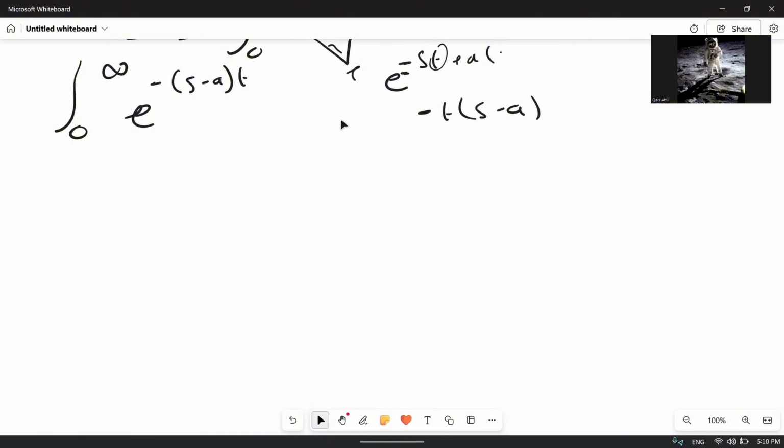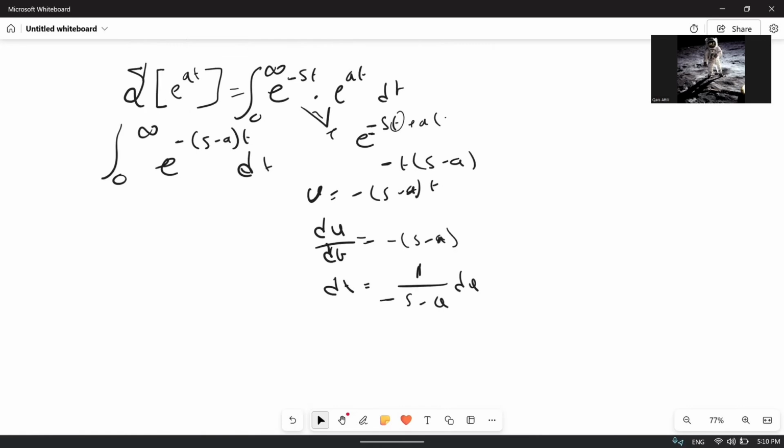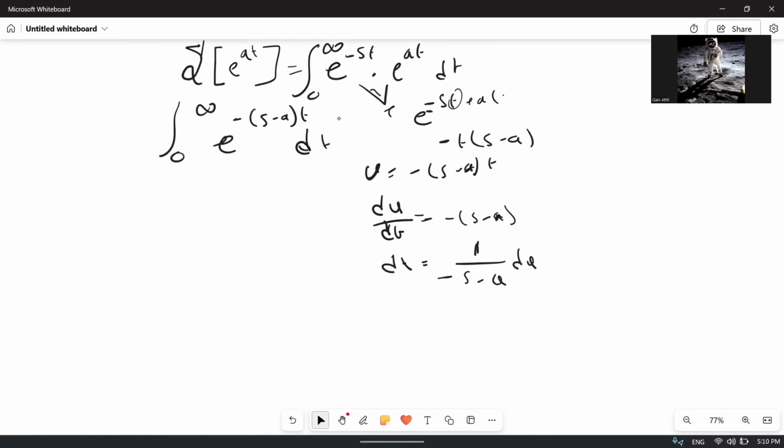So next we're solving for u equals minus (s minus a)t, then du over dt is going to be minus (s minus a), just differentiate and then solve for dt. dt is going to be 1 over that, du. Okay. So next we will plug in the values.